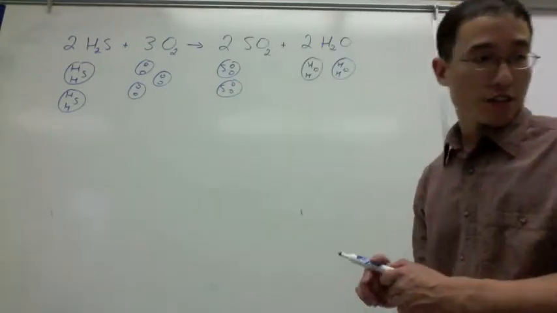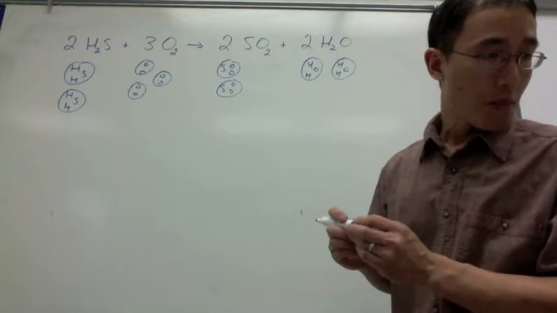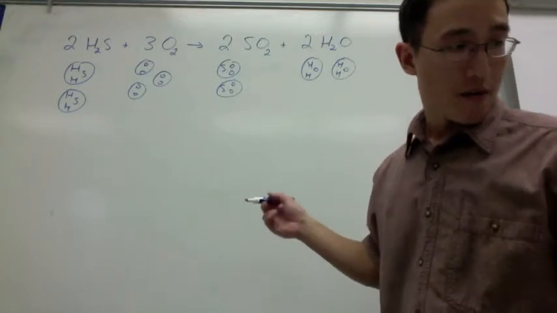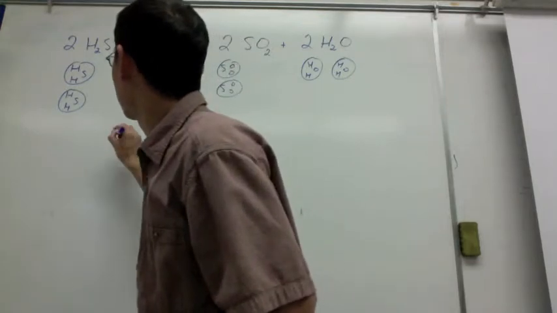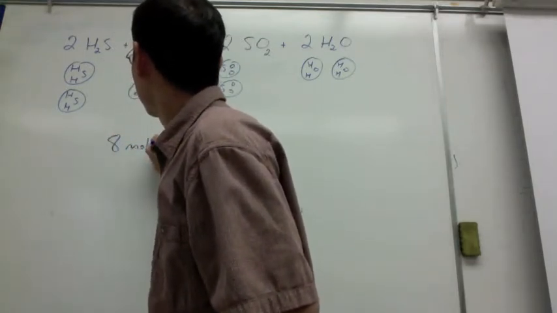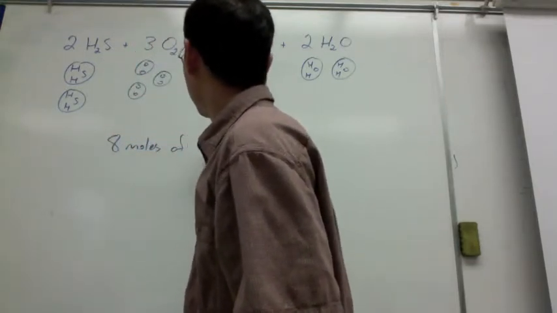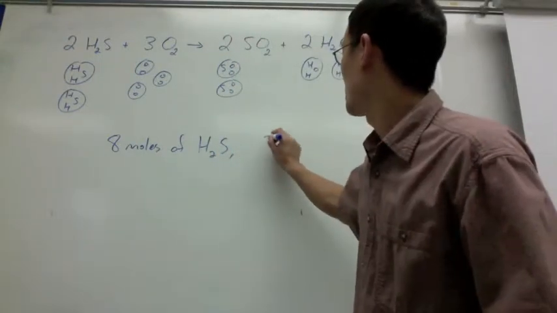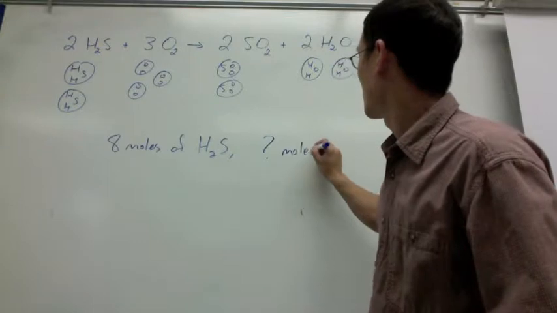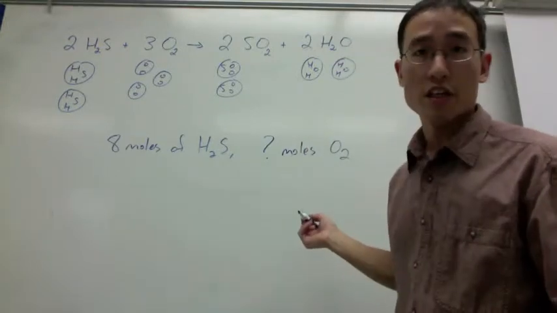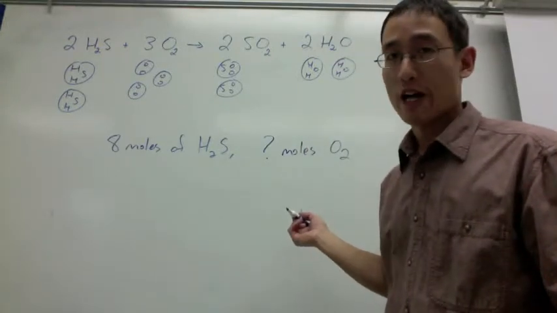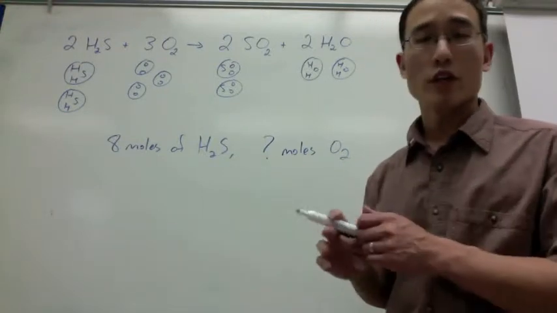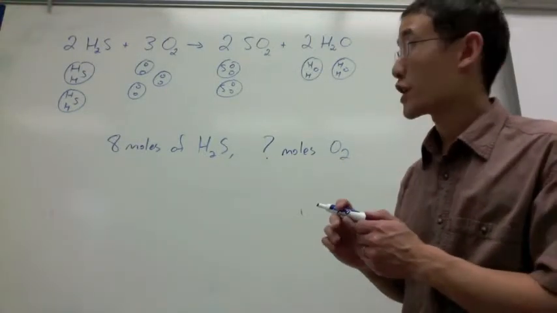The first question asks, if I'm given 8 moles of hydrogen sulfide, how many moles of O2 would I need to perform this reaction? To do this problem, we're introducing something called the mole ratio.